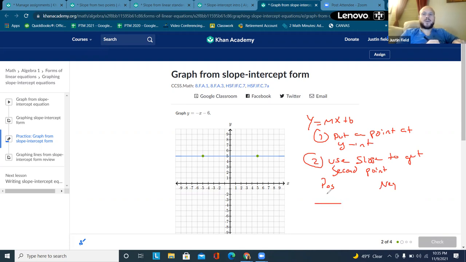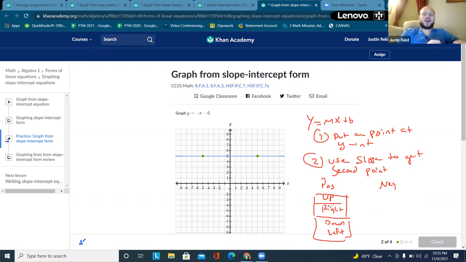So if the slope is positive, then you go up and right, or you could go down and left. So those are your two choices. You know, you're going to make it a fraction if we don't have a fraction for the slope.